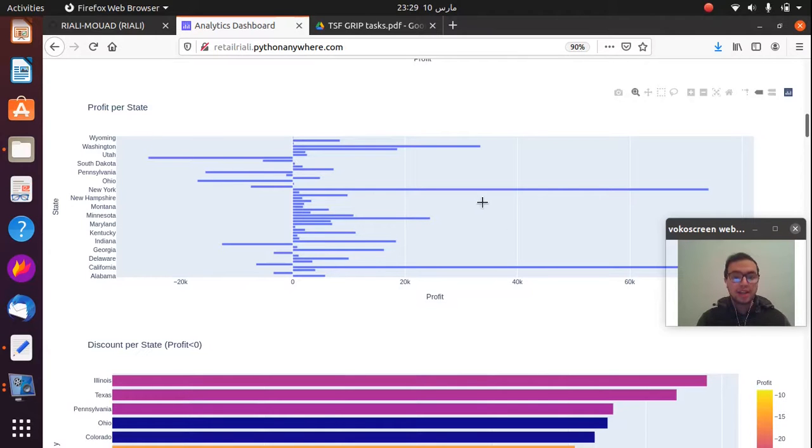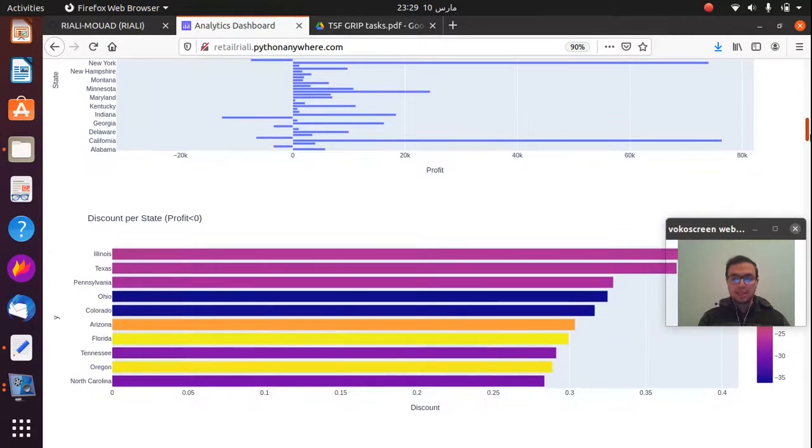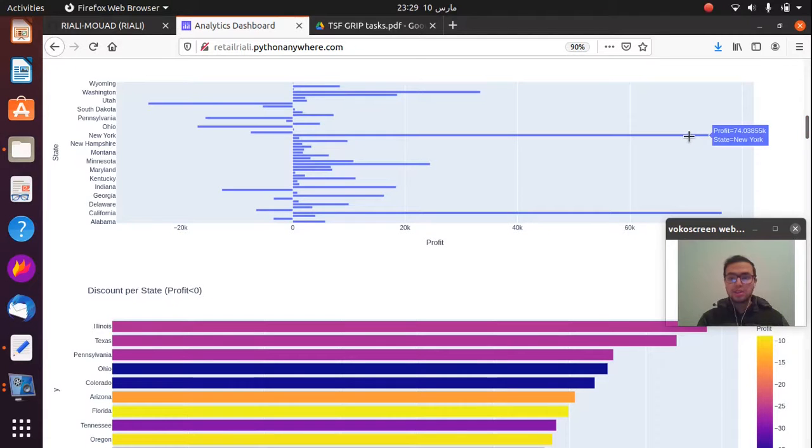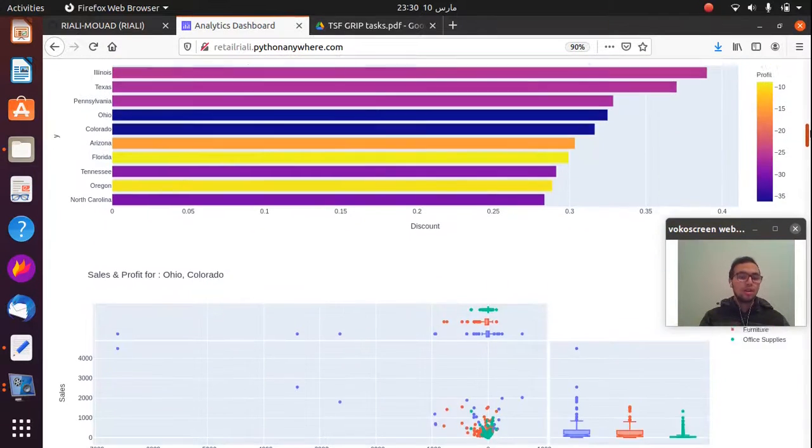The highest is California with 76,000, followed by New York with 74,000. On the other hand, we have some negative values, as in Texas, Tennessee, Pennsylvania, etc. These are the states we're going to concentrate on.